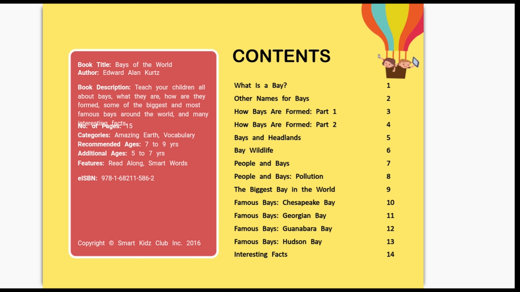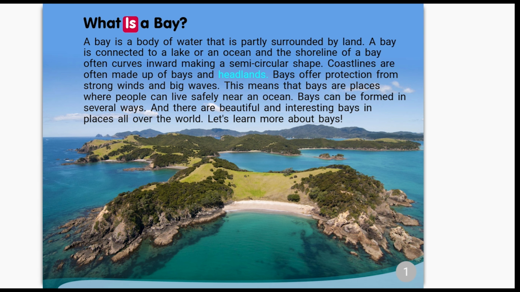Contents at a glance. What is a bay? A bay is a body of water that is partly surrounded by land. A bay is connected to a lake or an ocean, and the shoreline of a bay often curves inward, making a semi-circular shape. Coastlines are often made up of bays and headlands.